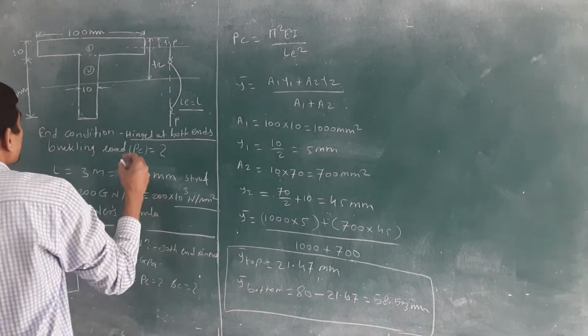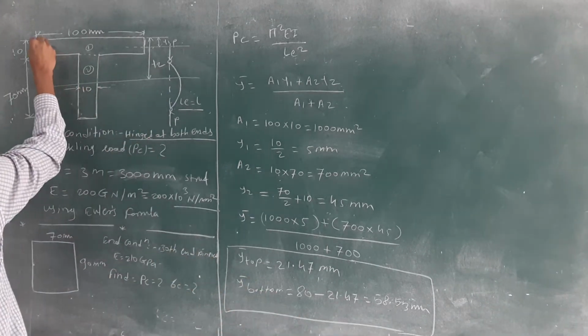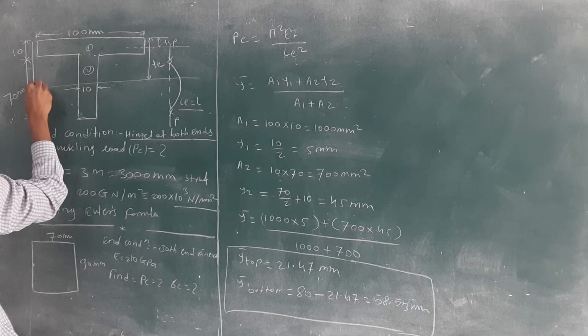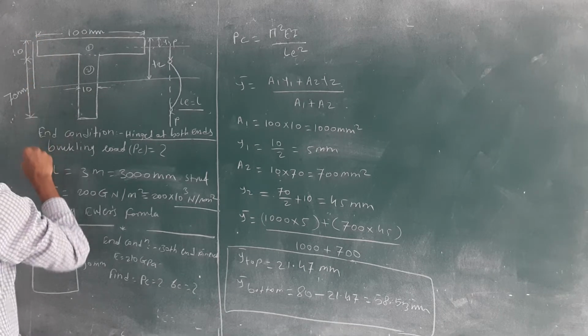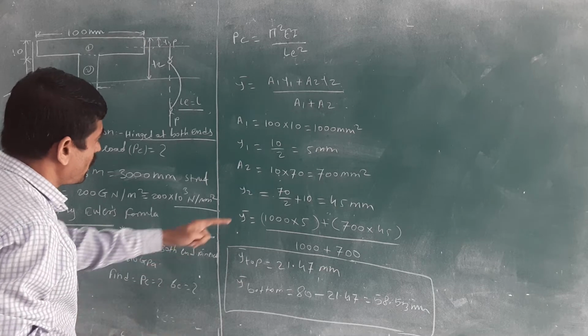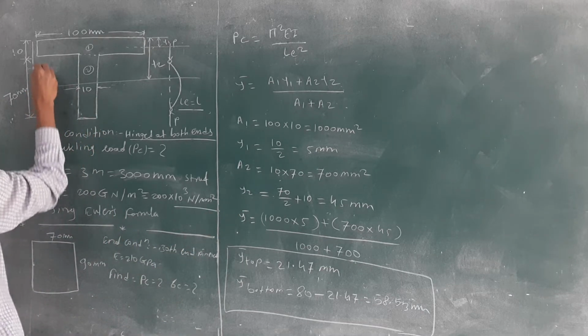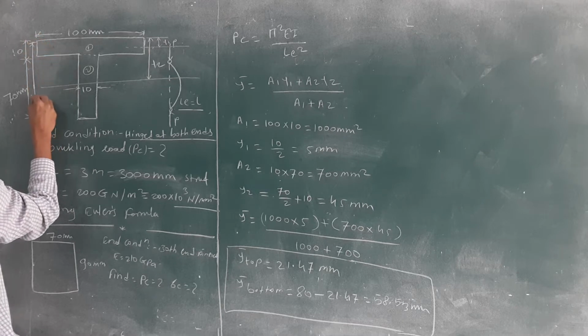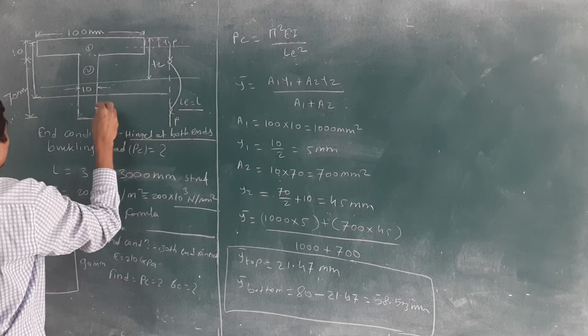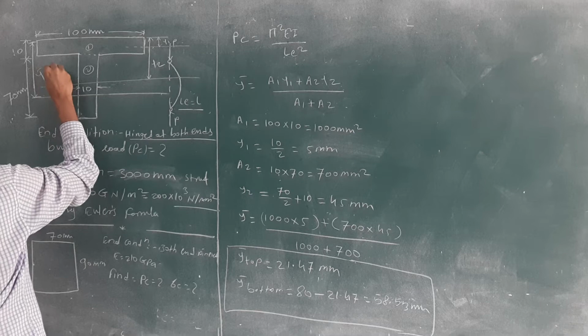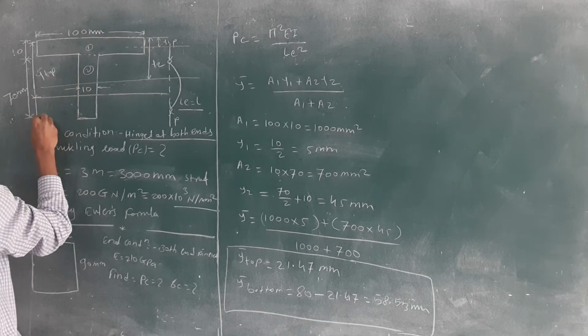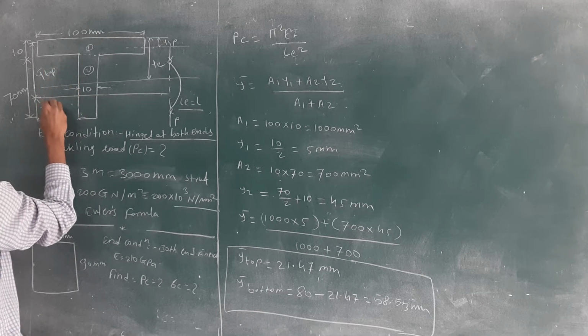Okay, where is the Y bar top? Suppose I mark here. We have the Y2 value 45. Below that you will get this one, the centroid of that body. This is the Y bar top, and this one is the Y bar bottom.